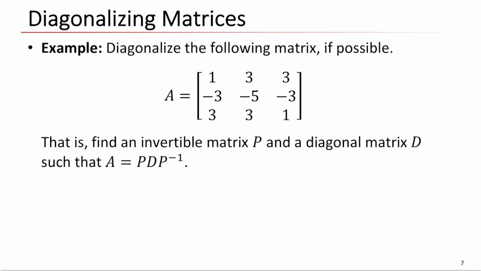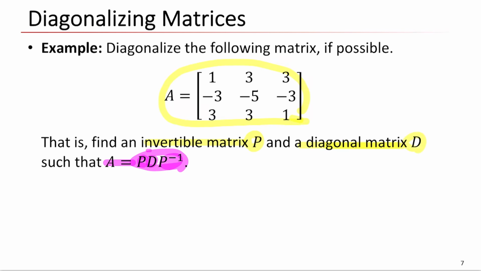Okay, so let's diagonalize a matrix. Let's use it to find the diagonalization, or the eigenvalue decomposition. First of all, we have a matrix A. Then we want to decompose this matrix A as P times D times P inverse. How can we do that? First of all, we have to find the invertible matrix P and the diagonal matrix D, right?